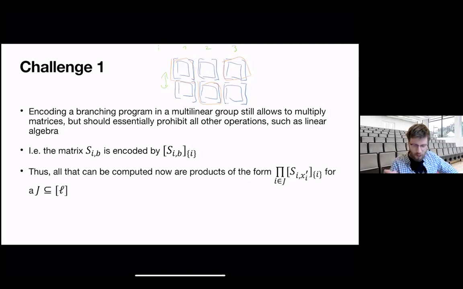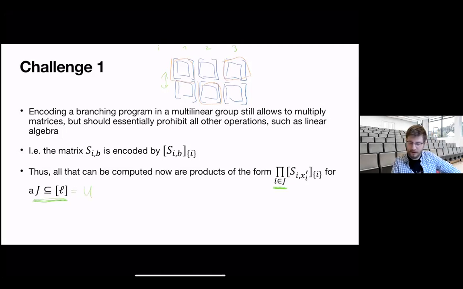Thus, all that can now be computed are products of the form over the matrices indexed by such subsets J in our universe L. L is just the universe for now.